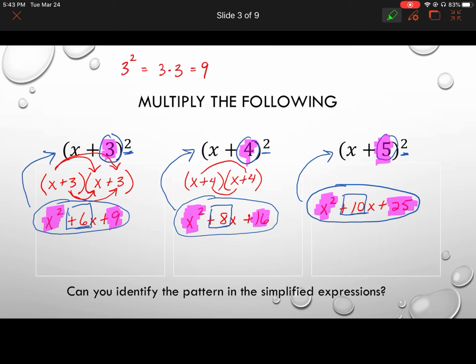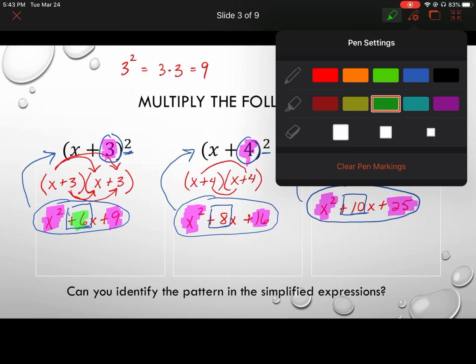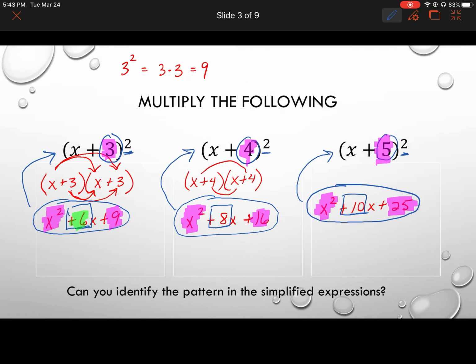So if I was to take this number here, positive 6, and divide it by 2, 6 divided by 2 is 3x, right? 2 times 3x would be 6x. This 8x, if I divided it by 2, would be 2 times 4x. This middle term, 10x, would be 2 times 5x.